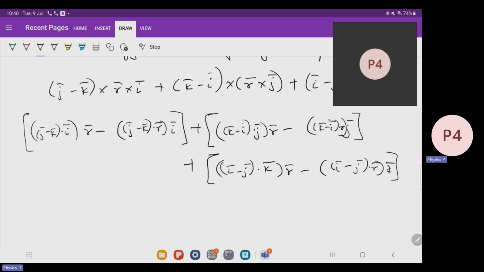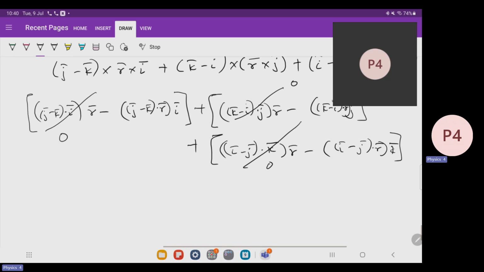So what will this become? See, i dot j, i dot k, these are all 0 because they are perpendicular vectors, we know. So we are left with, we can directly write this, j dot r. What would be j dot r? That would be y. k dot r would be z.